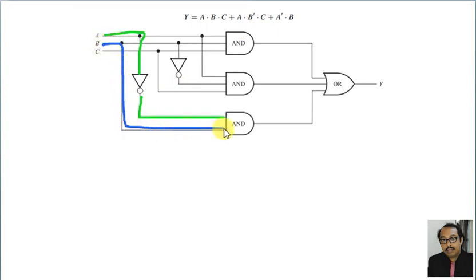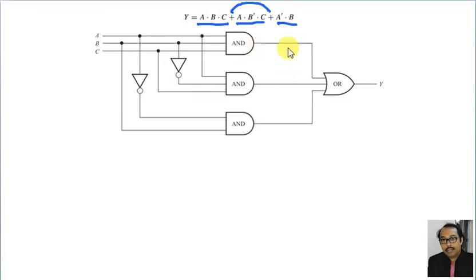Now, what is happening? This is isolated, this is isolated, and this is isolated, but all need to be combined with OR, plus. When I say plus, it means this side and this side are connected to an OR gate. That is my circuit. Clear?